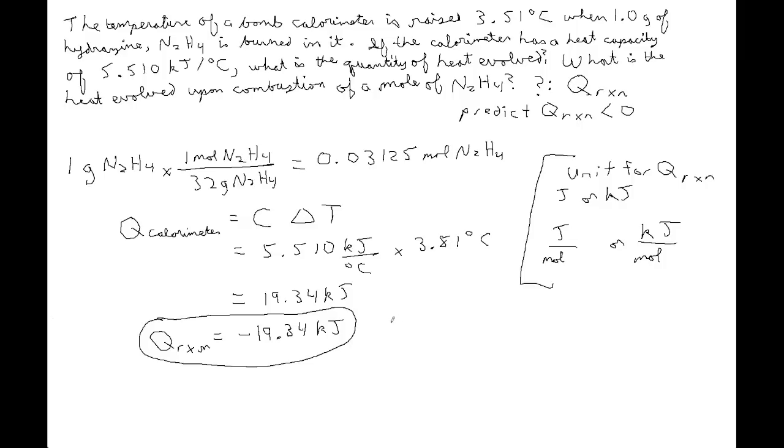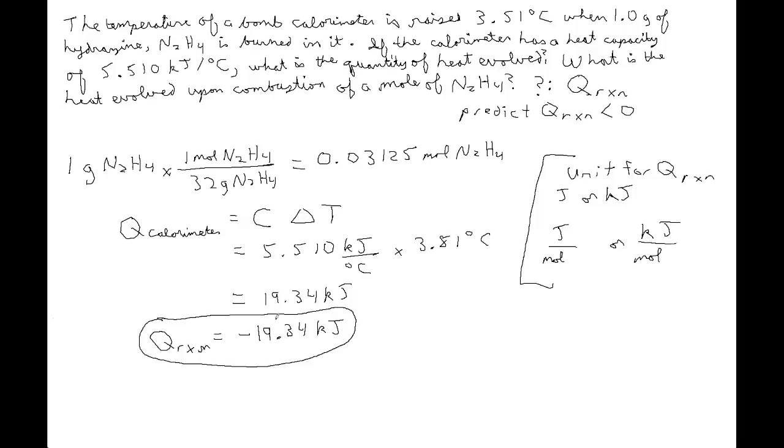How would I rewrite Q of the reaction in kilojoules per mole? So here was our answer. We said that when we burned 1 gram of hydrazine, it produced 19.34 kilojoules. How could we re-express that answer in terms of kilojoules per mole? Just divide it by 1 mole.